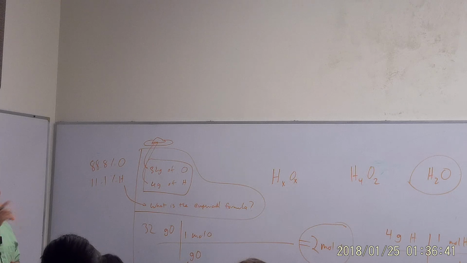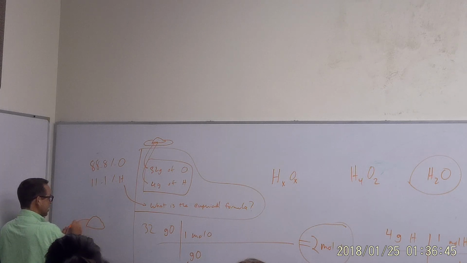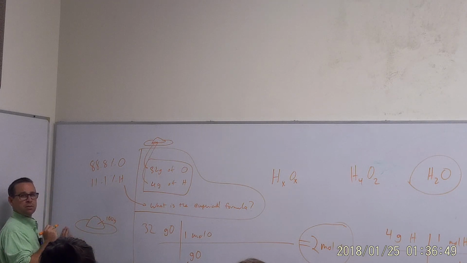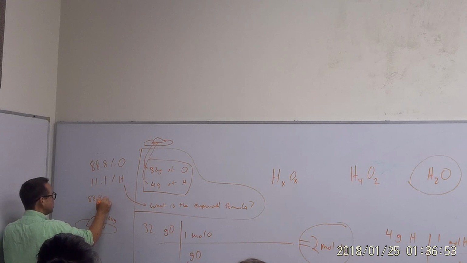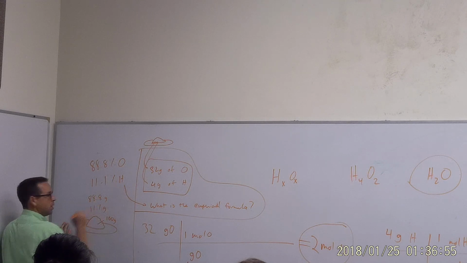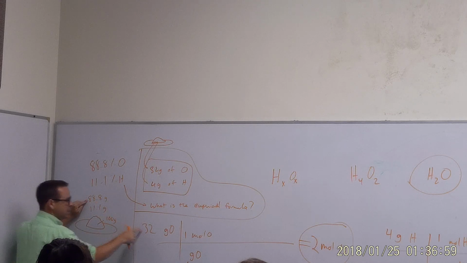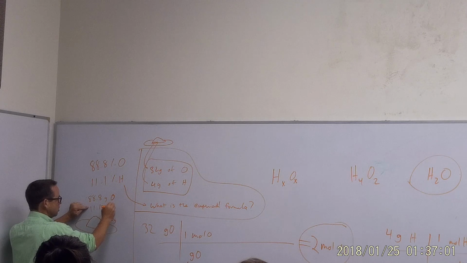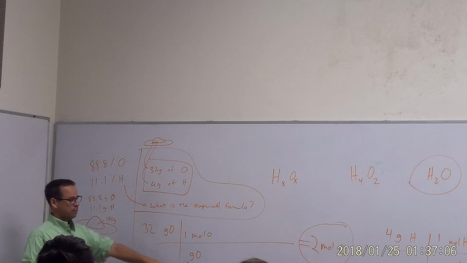Make them grams instead of percentages. Very good. So I'm going to draw a little bit bigger pile this time and say here's 100 grams of whatever this stuff is. And then I can just change these 88.8 to grams and 11.1 to grams. And then theoretically, if I put the 88.8 grams here, because this is oxygen, what's 88.8 divided by 16?